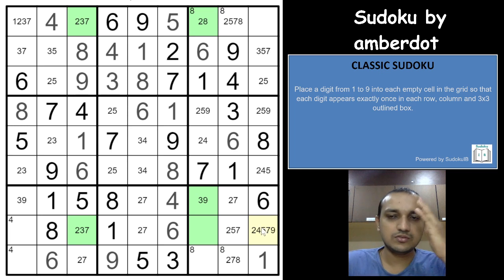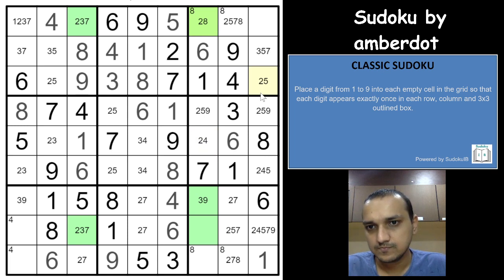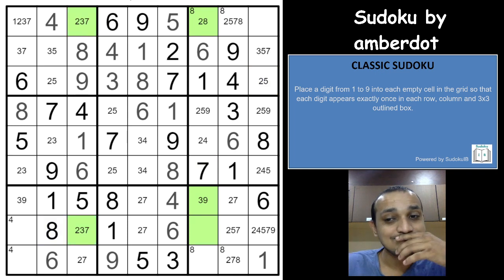Oh, that is too much. 2, 8, 2, 4 and 4, 8, no. 2, 8, 2, 5. No. So I see that this finned swordfish is not helping me.